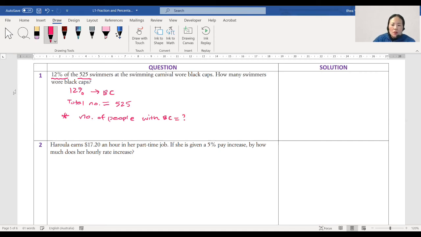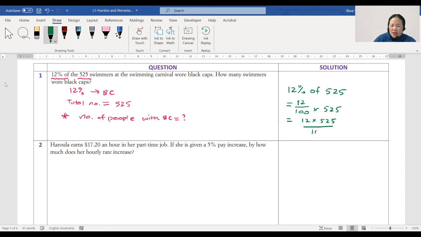Okay, so what are we going to do? 12% of 525 is what we're looking for, isn't it? Because that's how many people are wearing black caps. So I'm going to go 12 over 100 times 525, and I will put that into the calculator.